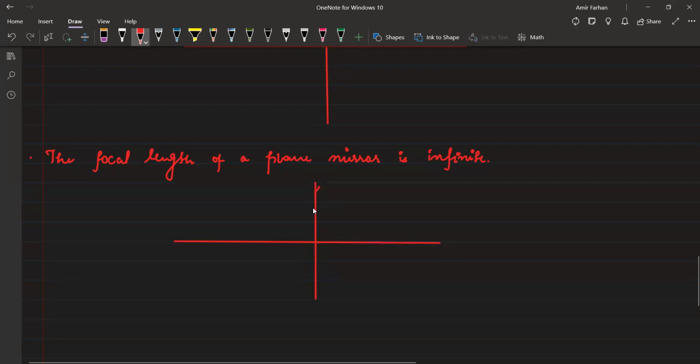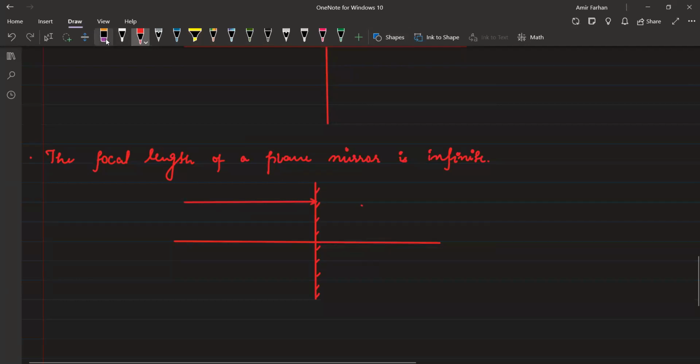This is the back side of the mirror, which means it is covered with something, so the light ray will not pass through it. Only the reflection will happen. So if I strike the light in a parallel manner, what will happen?